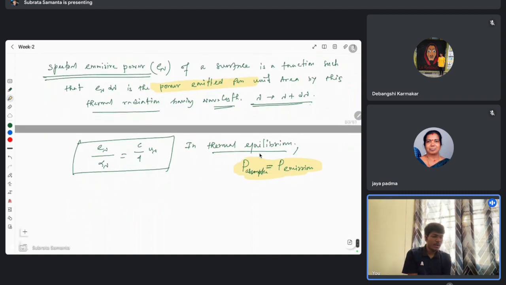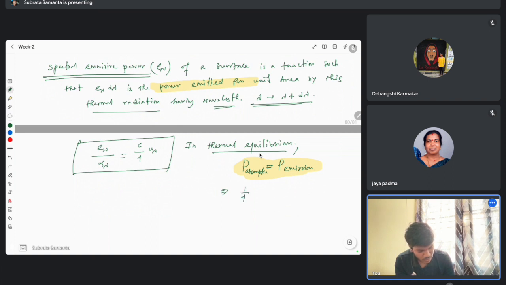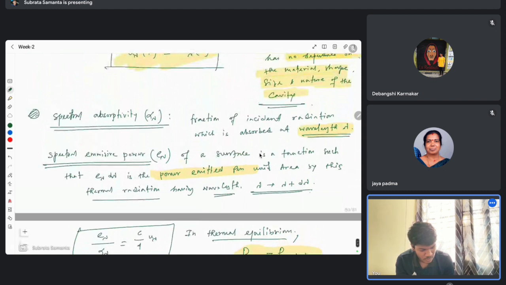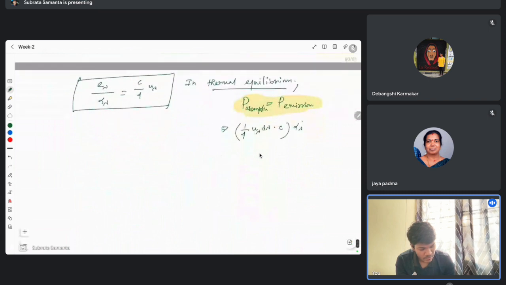Then we can write the power absorption in terms of U lambda and d lambda. The power absorption is 1/4 U lambda d lambda, lambda to lambda plus d lambda, this is the energy density, multiplied by c times alpha lambda. Alpha lambda is your absorptivity, the fraction of incident radiation which is absorbed, that's why it is multiplied with alpha lambda.